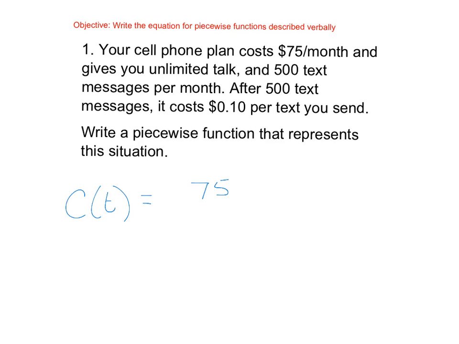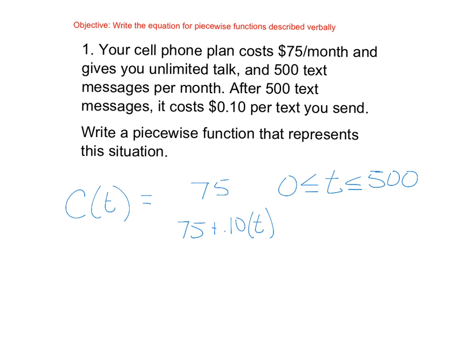So that means the number of text messages has to be between 0 and 500, and it can equal 0 or 500, right? So if you don't send any, you're still paying $75 a month. After 500 text messages, it costs 10 cents. So we're adding on 75 plus 10 cents per text message.